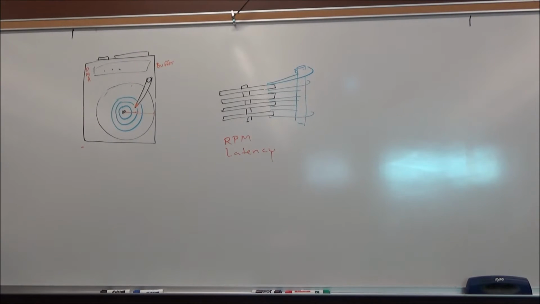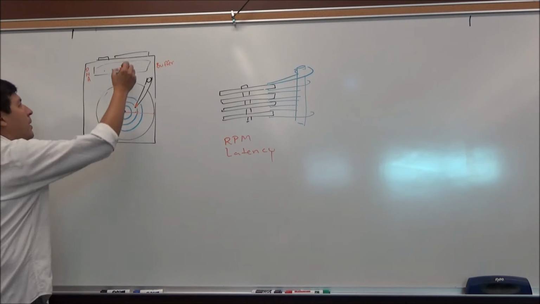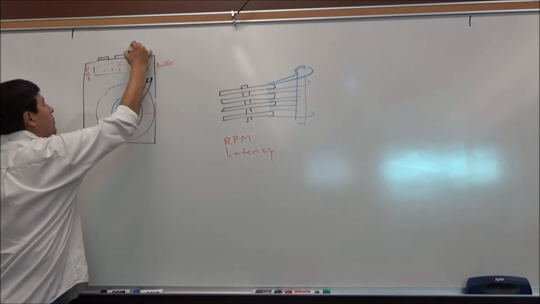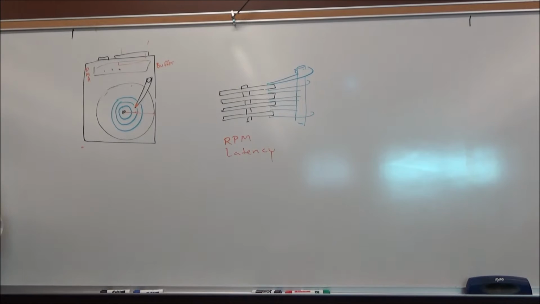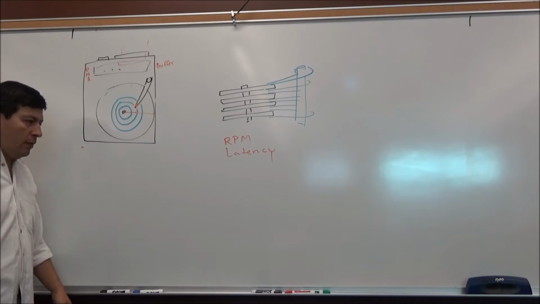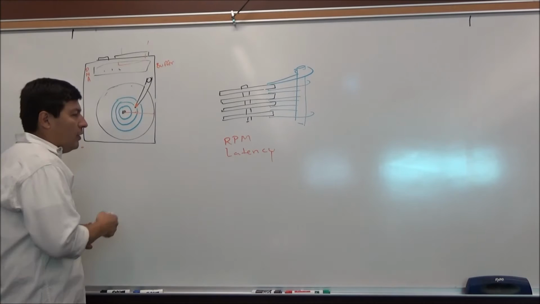So basically, what's the delay of moving that arm around? And then, how many bits can this put out or come in at once to the DMA of the CPU, of the motherboard? So how many bits I can send at once, and that's called a transfer rate.